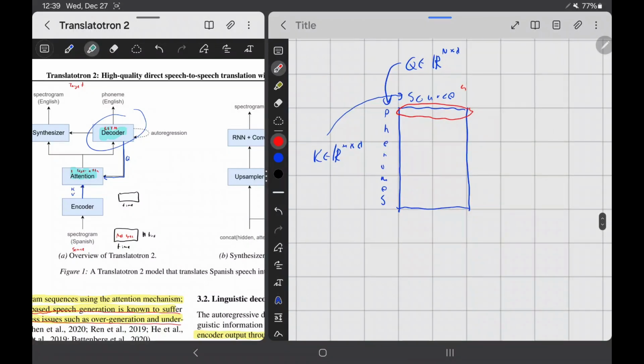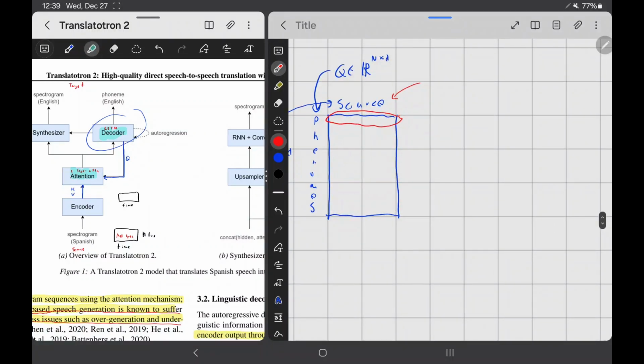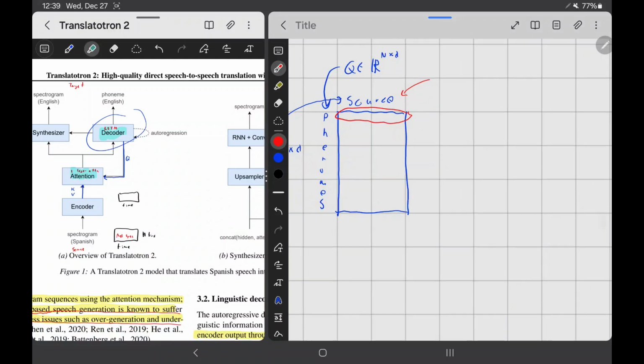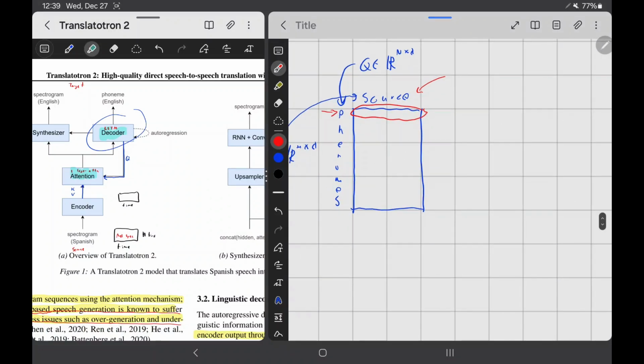So you're going to get a linear combination, where your phoneme is composed of a linear combination of the source. So the output is a linear combination of the sources, and that basically represents how this phoneme makes up the source.